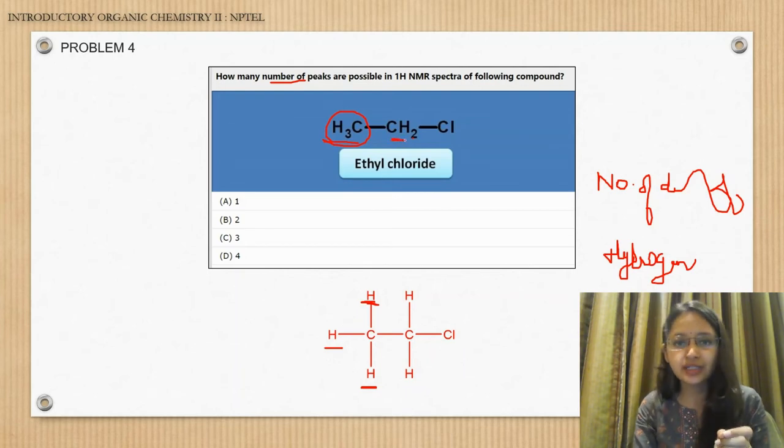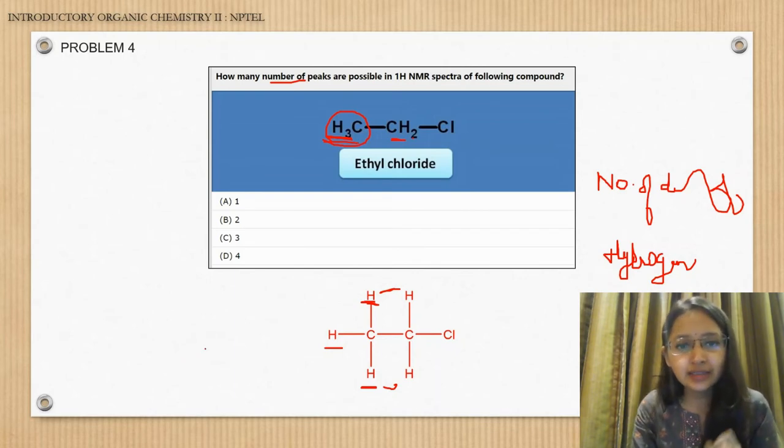They are connected to a carbon, and then they are in the vicinity of hydrogens. So these methyl protons are equivalent, and they will show up as a single signal in the 1H NMR. This is clear.